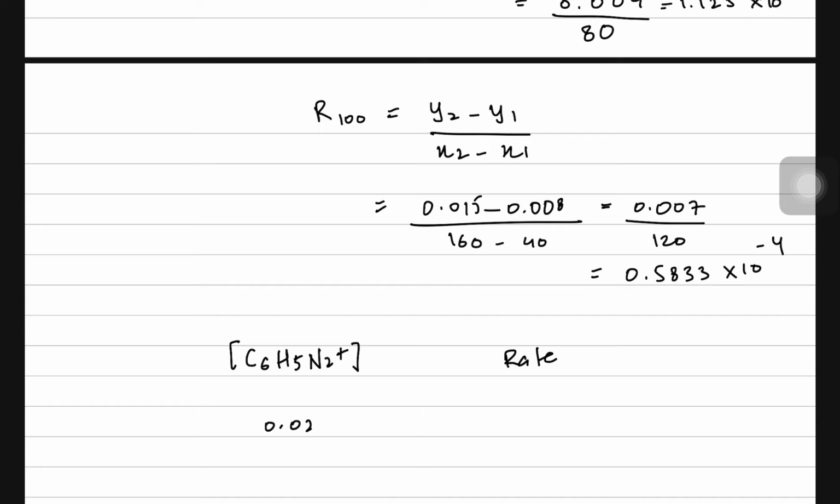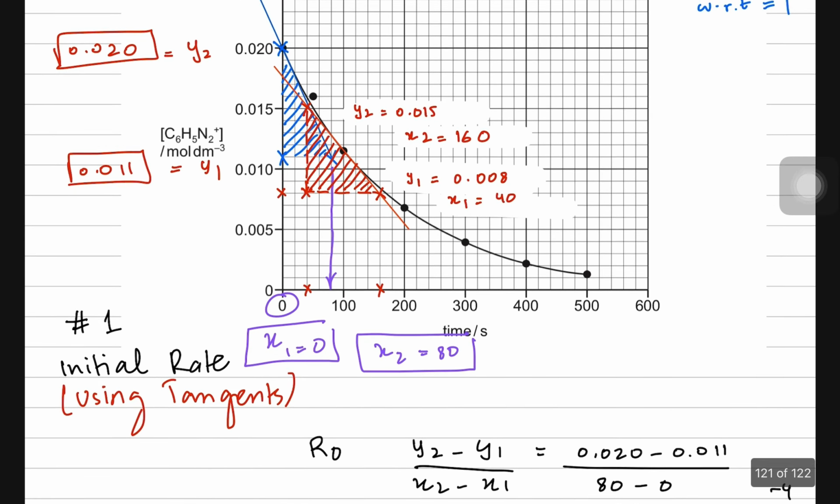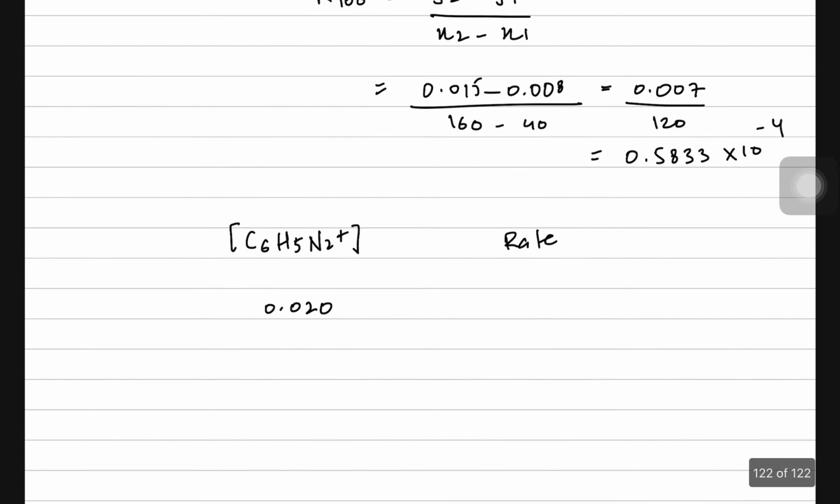Now you can see I have two rates of reaction. The concentrations were different, the rates were different. At the 0th second, when I found the rate, the concentration was 0.020. And at the 100th second, I can see that my concentration was almost 0.0115. You will have to pause to see if you can read this value from the graph.